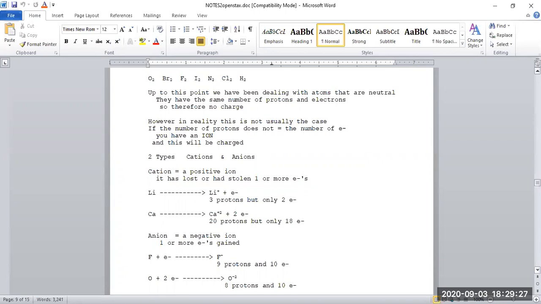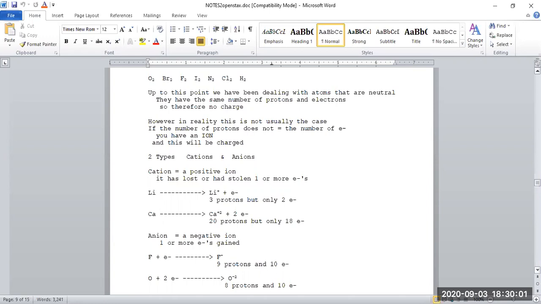If I look at lithium, lithium's number 3 on the periodic table. So that means it has 3 protons. And in the beginning of its life, it has 3 electrons. But lithium, being an alkali metal, has a tendency to lose an electron, usually just one. So now I get to the case where I have a lithium cation.